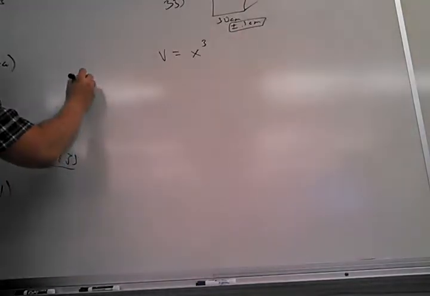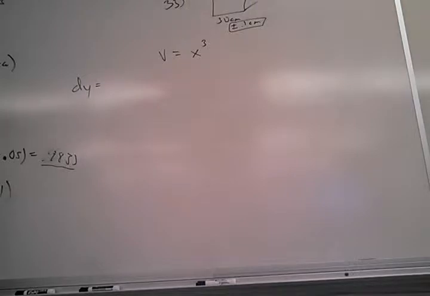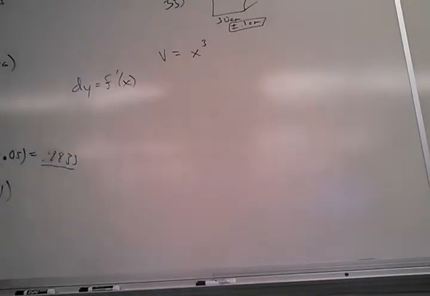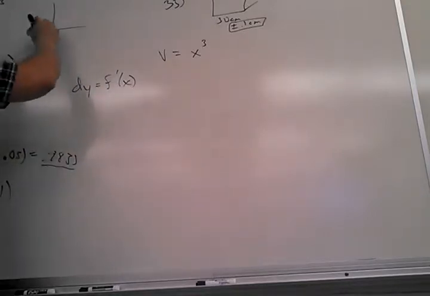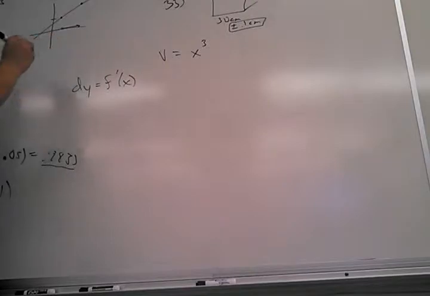So it's kind of hidden there, but I know that dy is going to be f prime of x. Well, in fact, you can imagine how to figure out how much it changes. If I have a straight line, and I know it's so much here, how much will it change by a little bit later?